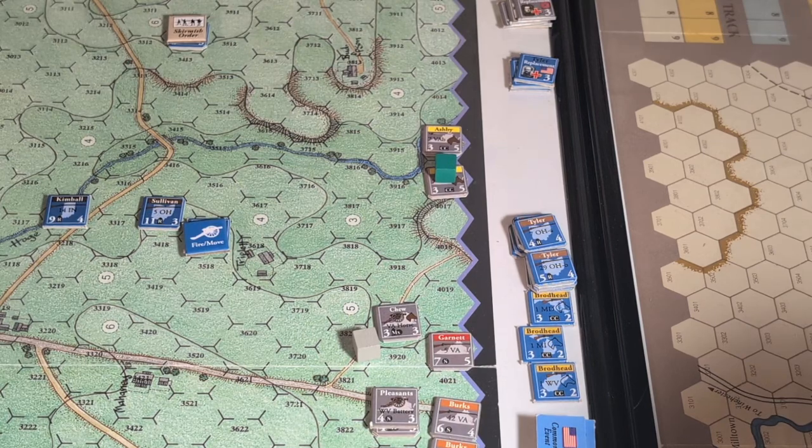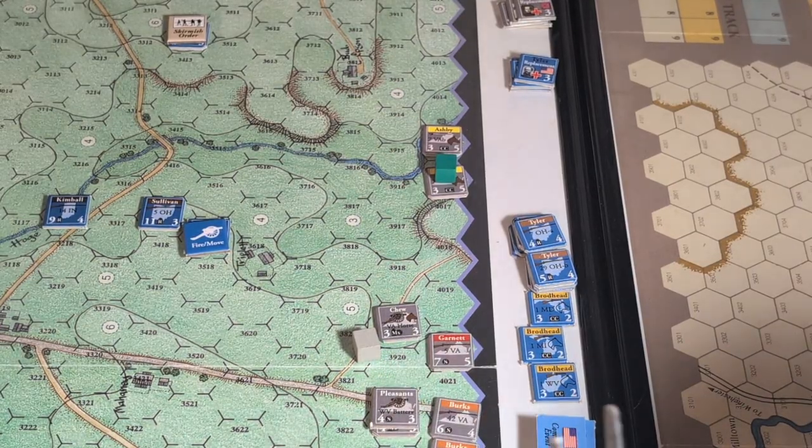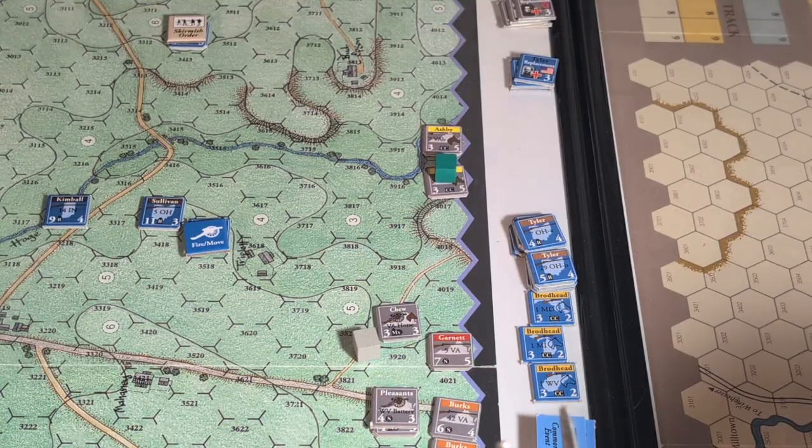We're going to have to actually move. They have a movement of 6, unless Chew has a movement of 8.